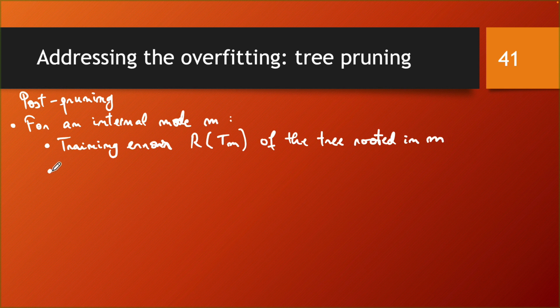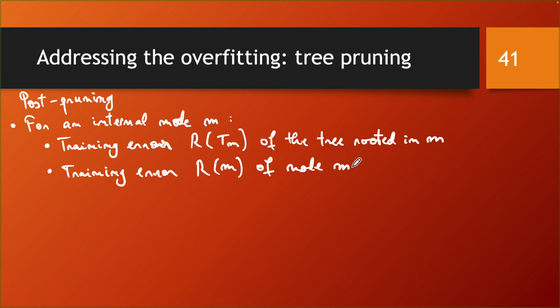And you are also calculating the training error, and I denote this by R(M), of node M if it was a leaf. So here you are saying, how about if I didn't build a subtree starting from M, and how about if M was decided to be a leaf? What kind of training error would you have?